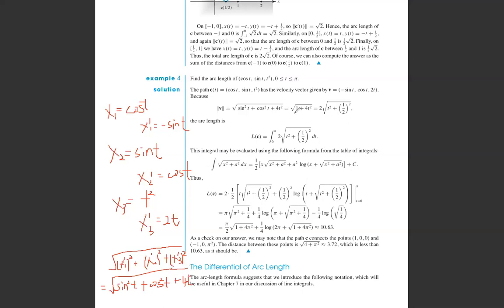Simplify, it becomes 1 plus 4t squared. Basically, your square root of 1 plus 4t squared.